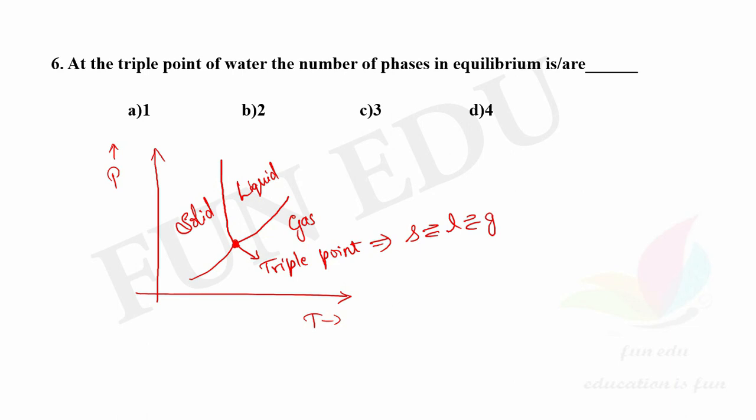So there is an equilibrium between all the three states. So since there is an equilibrium between three states, at the triple point, the total number of phases in equilibrium are 3. Okay. So this is very simple.